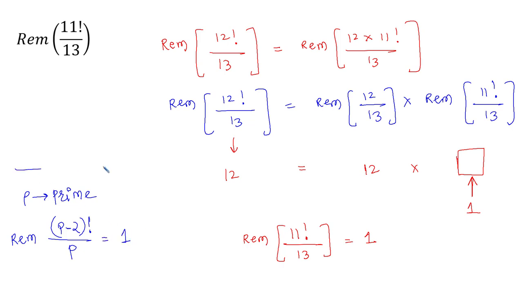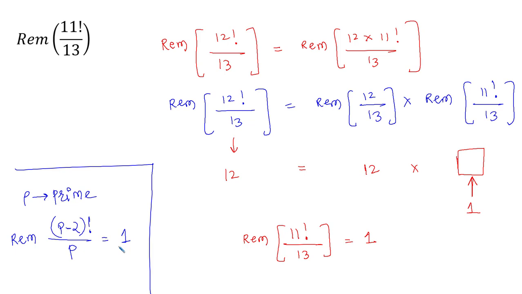Over here 13 is a prime number, and 13 minus 2 is 11. So 11 factorial, that is 13 minus 2 factorial, divided by 13 is going to be 1. This is our second rule.